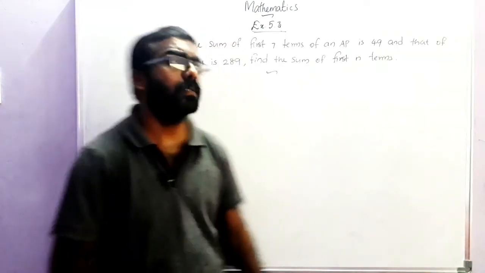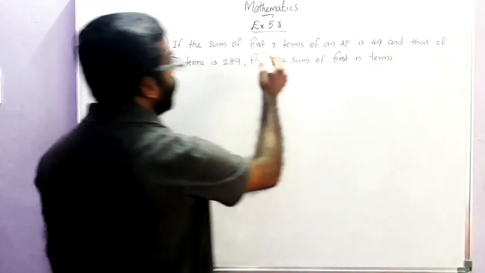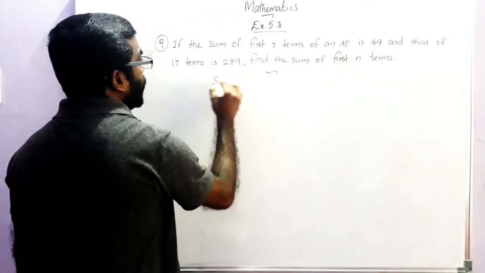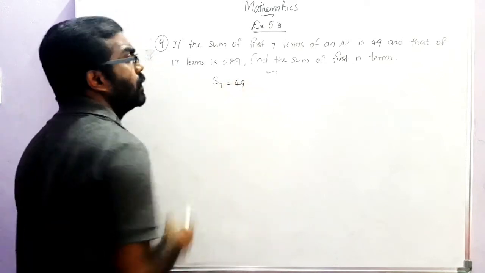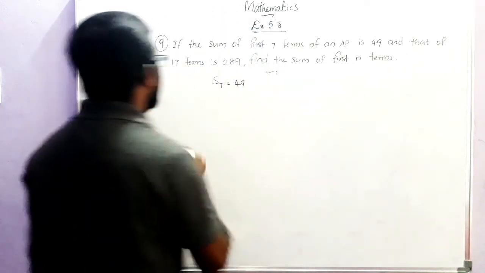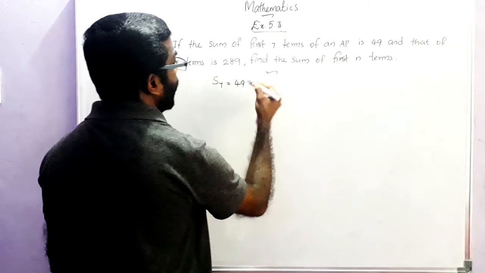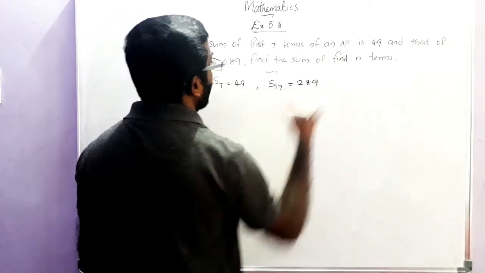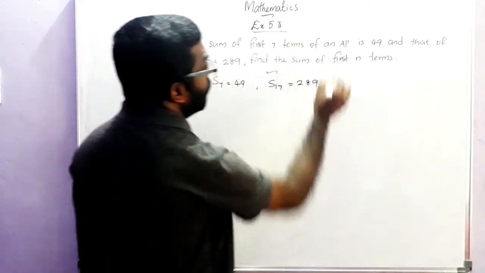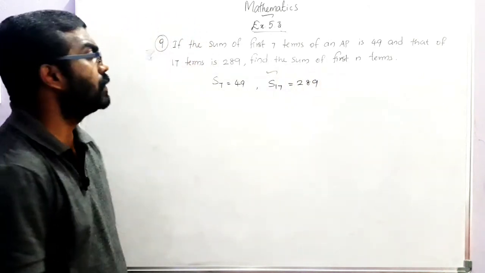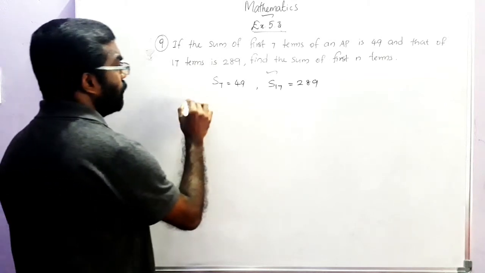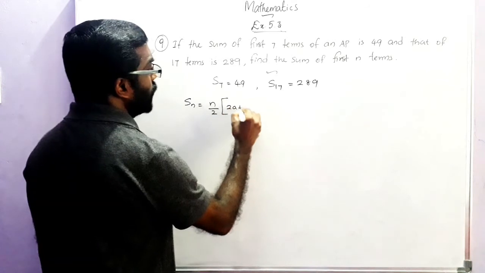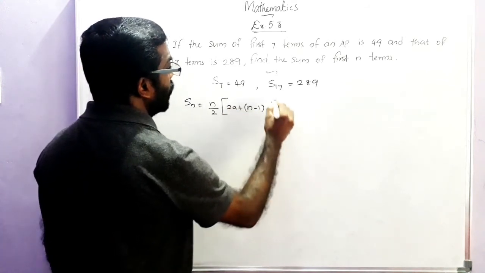Now the next question is, if the sum of first 7 terms of an AP is 49, that is S7 is equal to 49, and that of 17 terms is 289, that is S17 is equal to 289, we have to find the sum of first n terms. We know the formula Sn is equal to n by 2 into 2a plus n minus 1 into d.